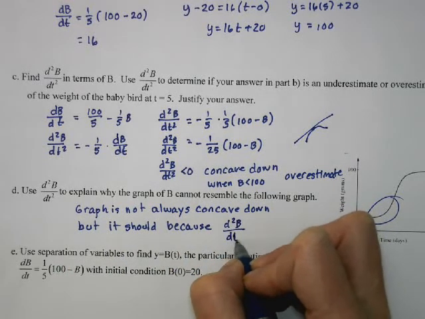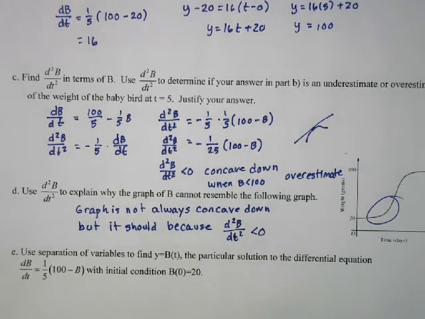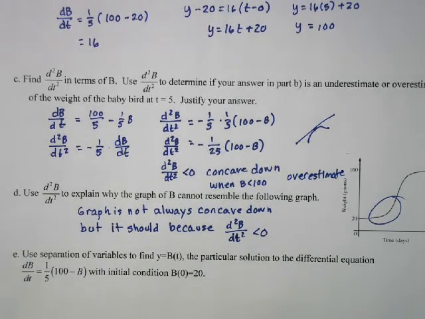So just something like that. The graph is not always concave down, but it should be because the second derivative is less than 0.